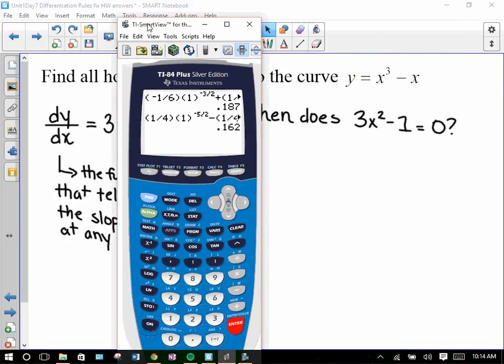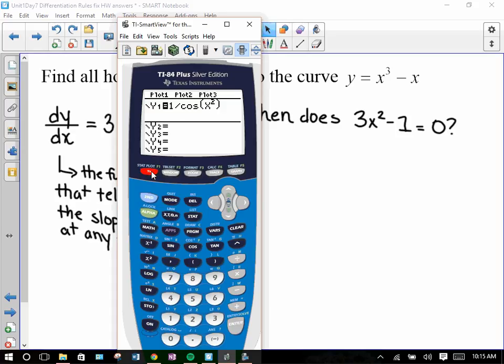We want to know when 3x squared minus 1 equals 0. So we're going to hit Y equals and graph 3x squared minus 1. Where does this graph equal 0?